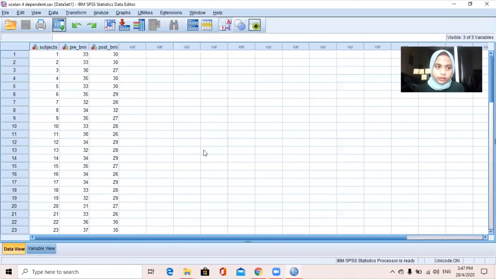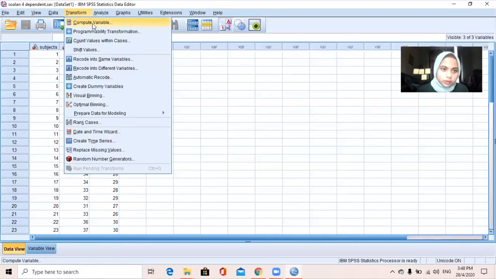Okay, so the last question is the paired t-test. So the IV is two groups, which are pre-BMI and post-BMI. The DV is numerical, which is the BMI. Observation is dependent because we are using the same sample in two different conditions. The test to analyze is the paired t-test. So first we need to analyze the difference of pre-BMI and post-BMI.